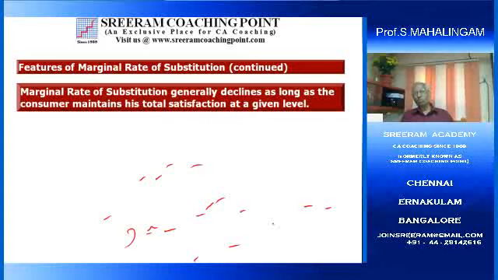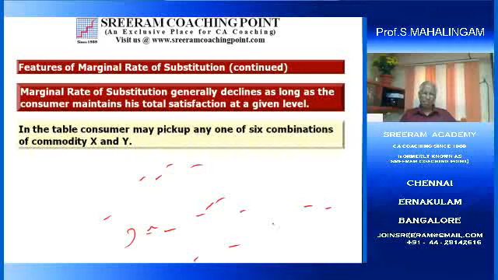Whether you go in for choice number 1 or choice number 2 or choice number 3 or choice number 4 and so on, in all the choices, something is given, something is taken, substituted, but the total satisfaction remains the same. So that is the message. In the table, consumer may pick up any one of the 6 combinations.